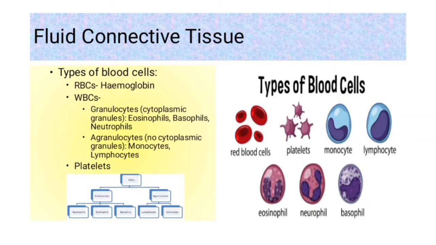Now, agranulocytes, which do not contain any granules in the cytoplasm, can be divided into two, monocytes and lymphocytes. Lymphocytes are a special kind of WBC which produce proteins called antibodies, which function in the defense of the body against infection.